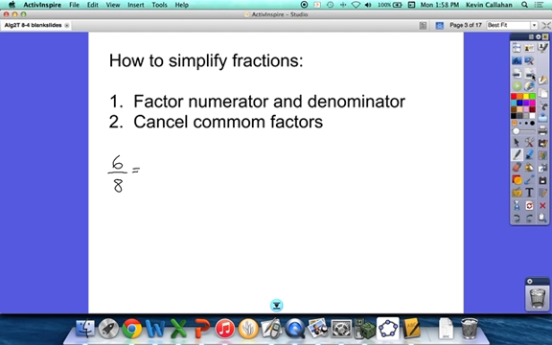What is it? 2 times 3 over 2 times 4, right? Once it's factored, since there is a common factor in the numerator and denominator, you can cancel them. So you cancel these, and the simplified fraction is 3/4.